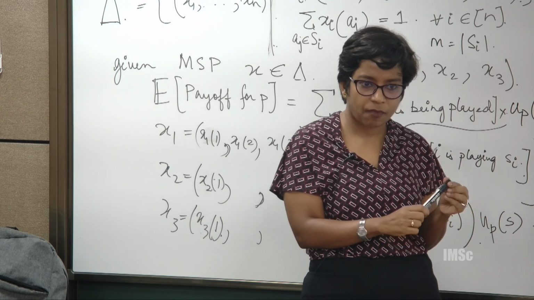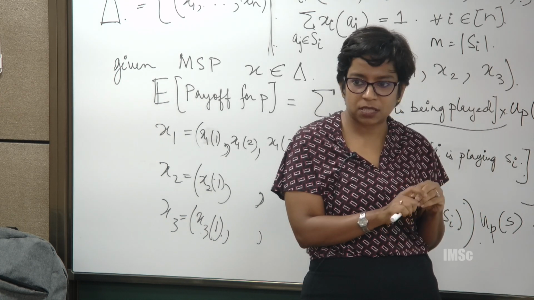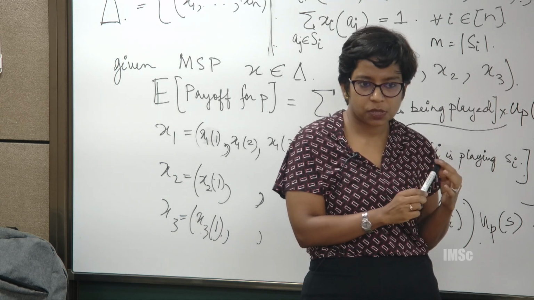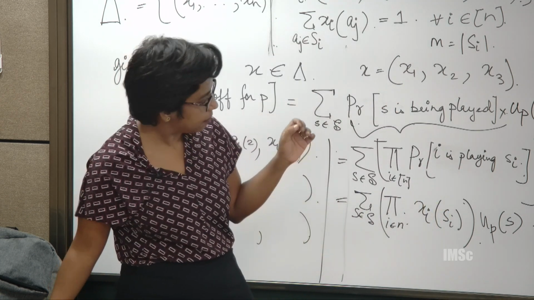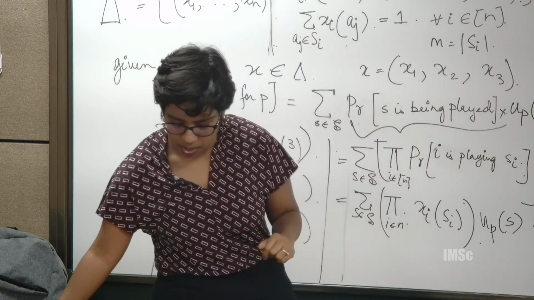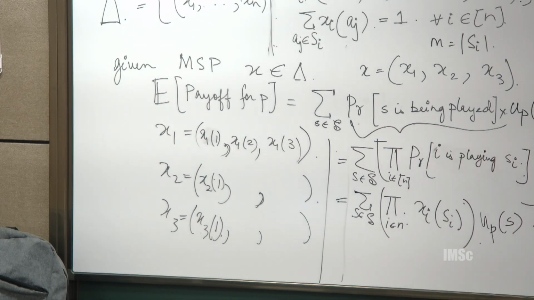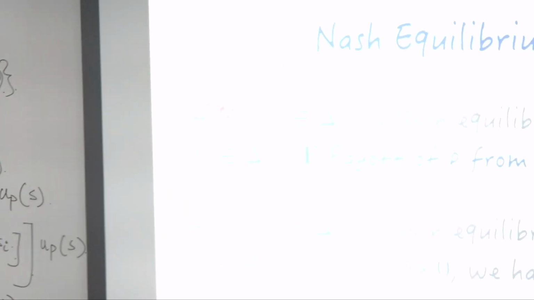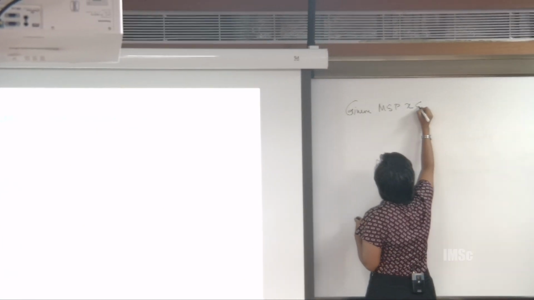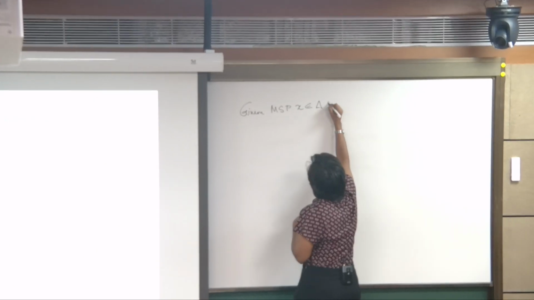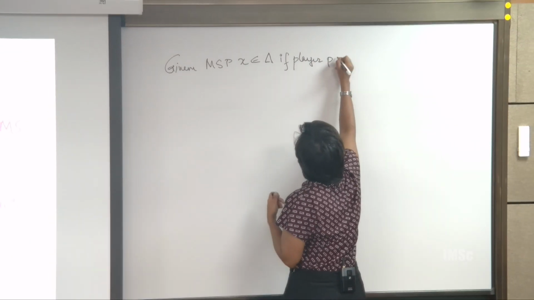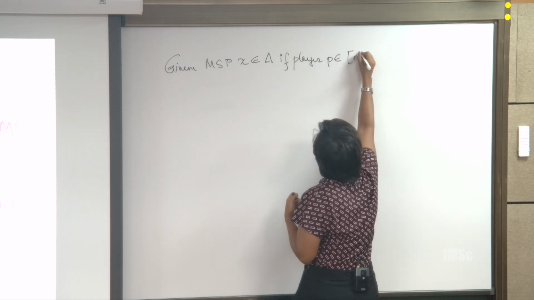Okay? Any questions? So, maybe I write this property here. Given a mixed strategy profile X, if, can you read my handwriting from the back?